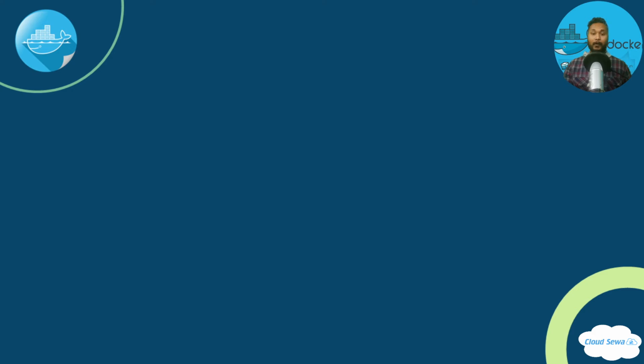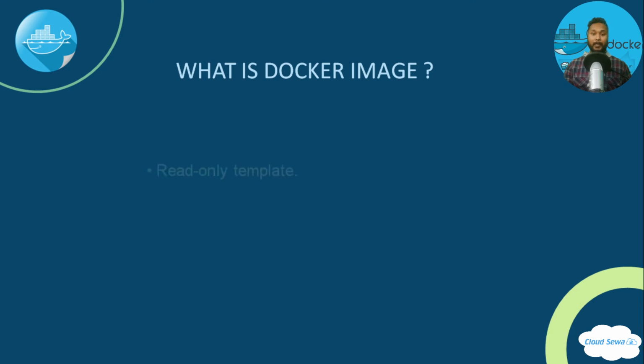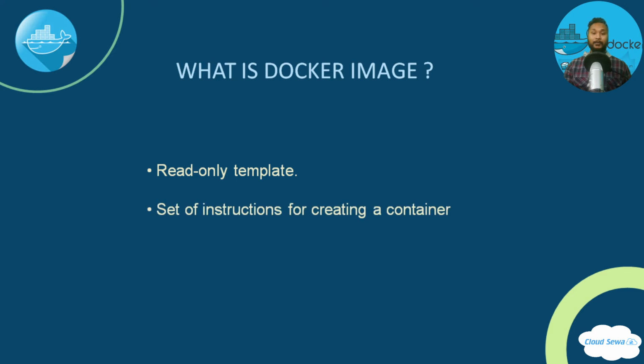So now we move on in depth to the operation and functionality of Docker. To start, we'll go through what a Docker image is. A Docker image is basically a read-only template that contains a set of instructions which we can use to create a container that runs on the Docker platform.